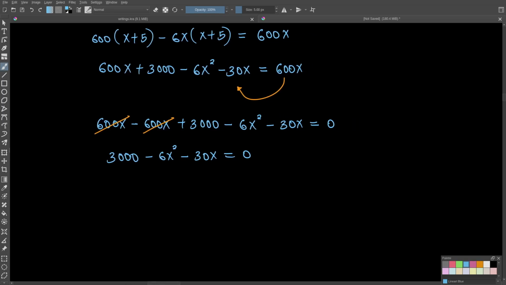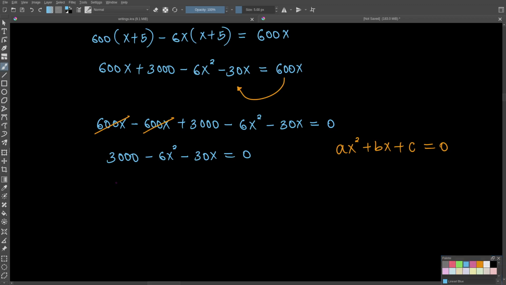Now, something you need to note is that this is a quadratic equation. And remember that the standard form of a quadratic equation is ax squared plus bx plus c equals 0. So let's rewrite ours in that form.